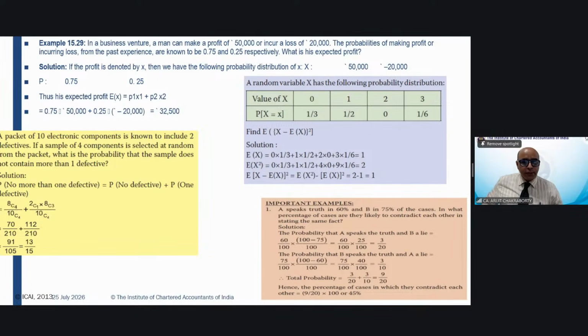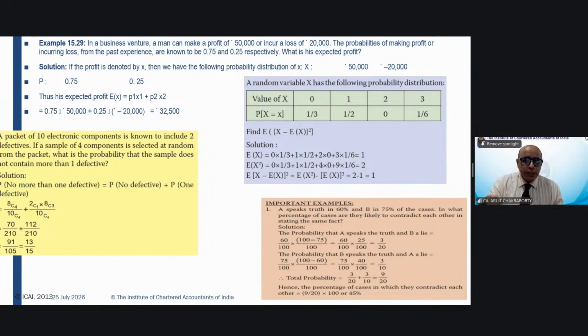So the probability of A speaking the truth is 60 by 100. And the probability that A speaks the truth and B speaks lie. B speaks the truth, probability 75 by 100. So B lying, B not speaking the truth is what? It's the complementary event.